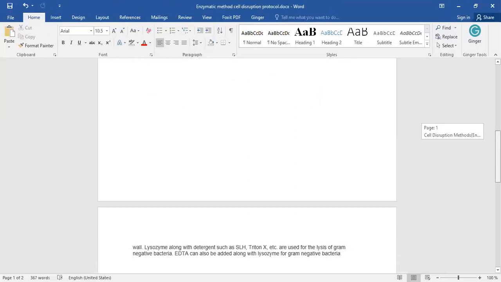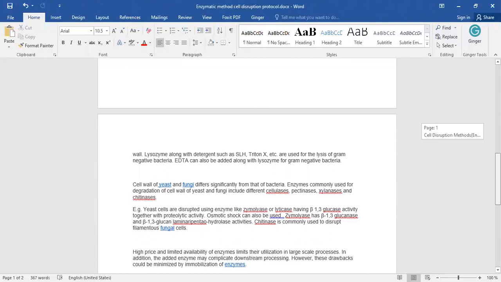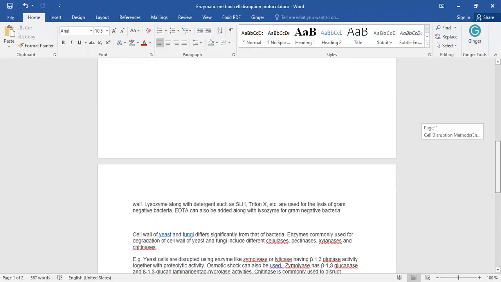Now we talk about some more things which we can use. Lysozymes can also be used along with detergents such as sodium lauryl sulfate and Triton X. If we use lysozymes along with these detergents, we can also lyse gram-negative bacteria.